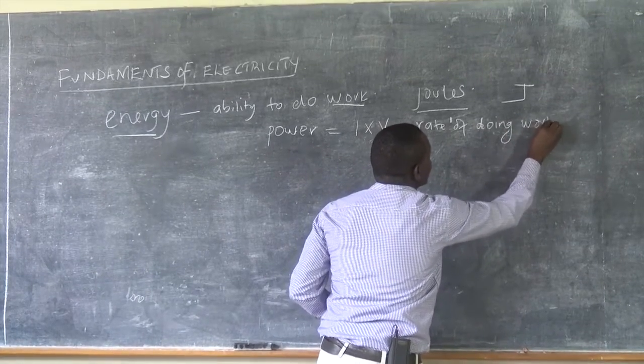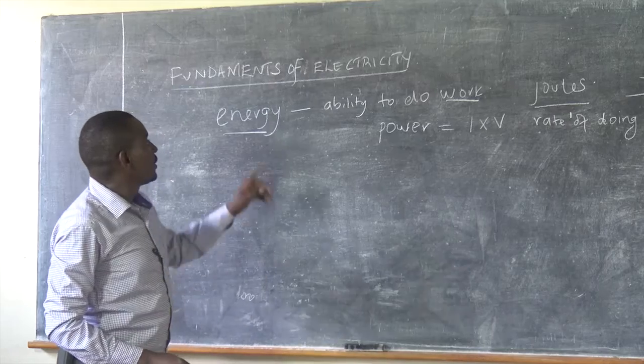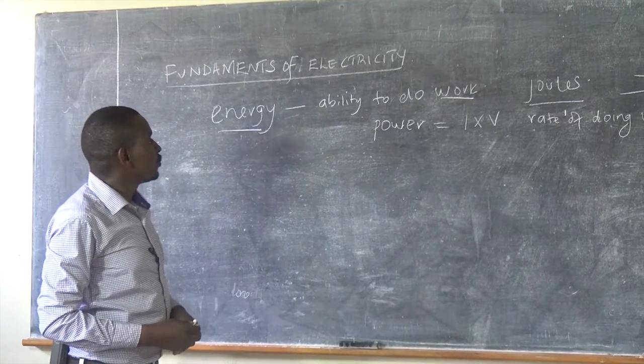Power is the rate of doing work, and energy is the ability to do work.